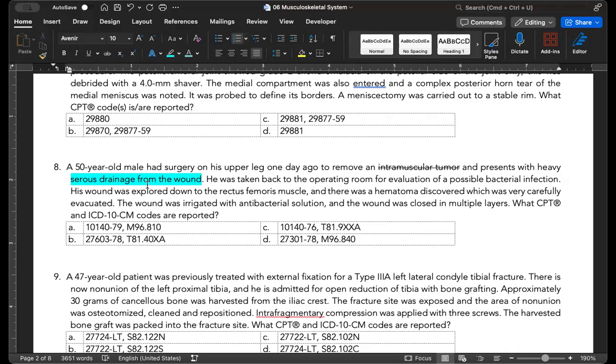Once they got in and explored down to the muscle after they removed that mass, they discovered that there was a hematoma, which was evacuated. So underneath complication and post-procedural, you can go to hematoma of, and then it's of the musculoskeletal structure, right? Because it's down in that leg.